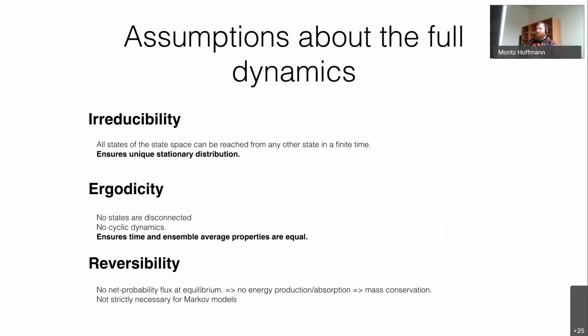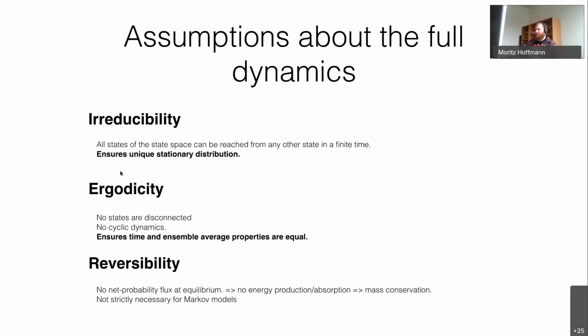And then we have the further assumptions about the fold dynamics. So we have irreducibility. This is also akin with ergodicity. So here that means that we can reach all the states. So there's nothing disconnected. And there are ways to ensure this in practice.